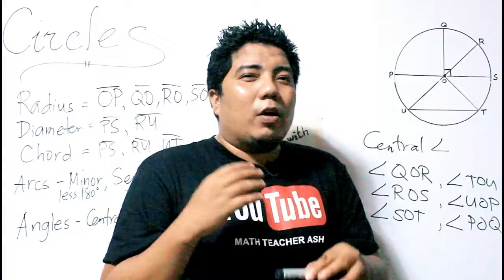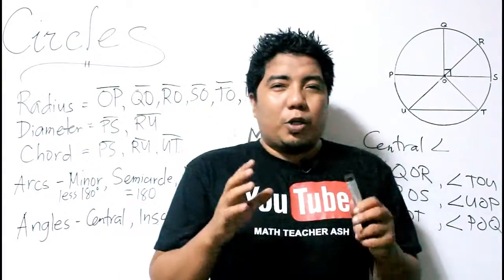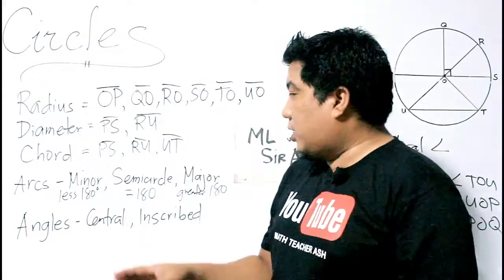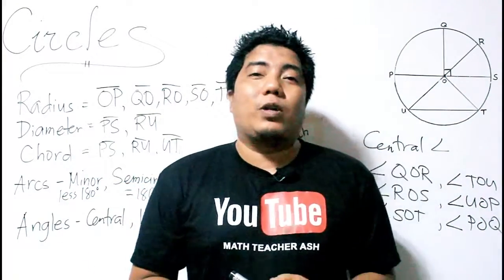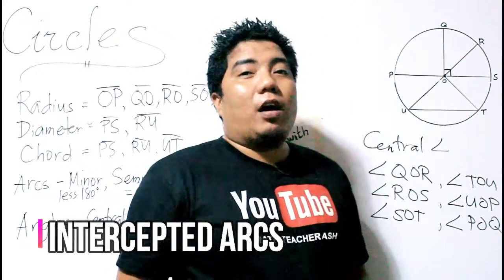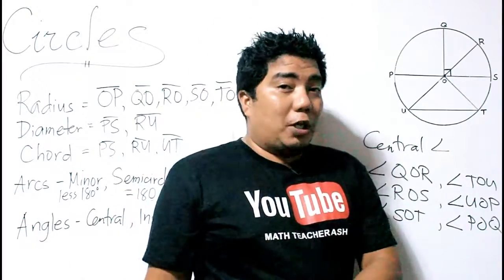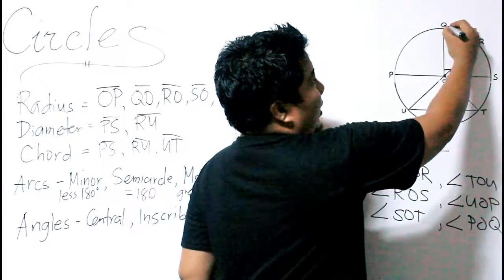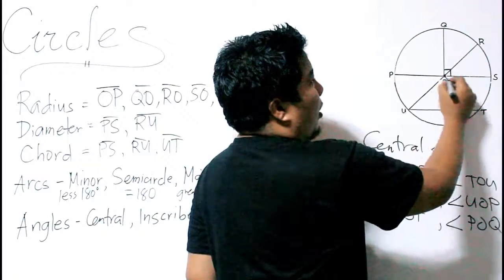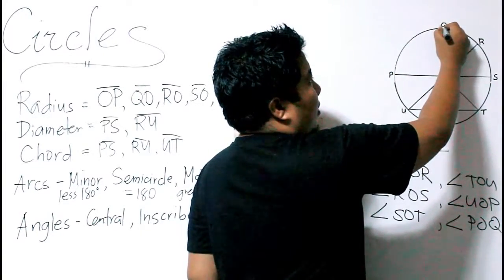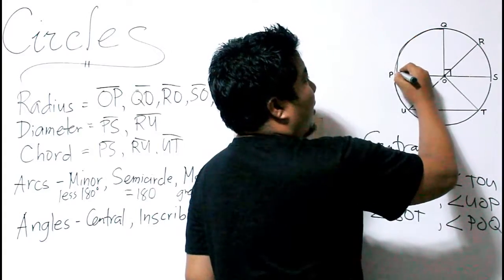Now, I will also add another term which is part of the central angle, but it is under the jurisdiction of the arcs. This is known as the intercepted arc. Now, the intercepted arc is a relationship with the angles. Basically, if you consider this angle, this POQ angle or QOP angle, it intercepts this arc, right?